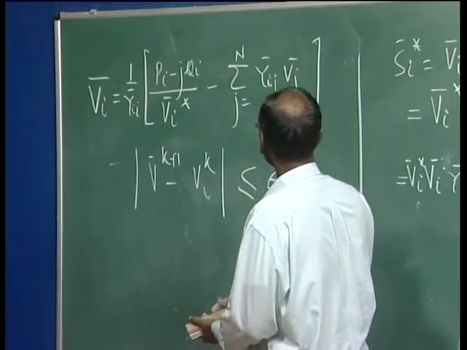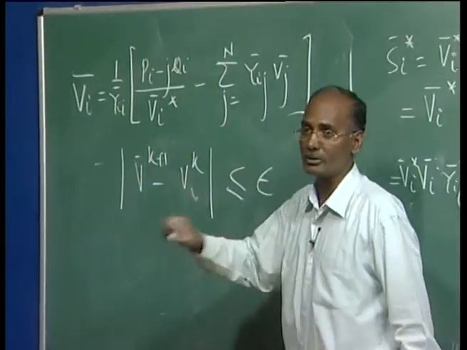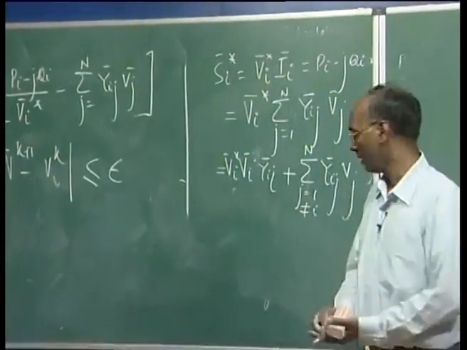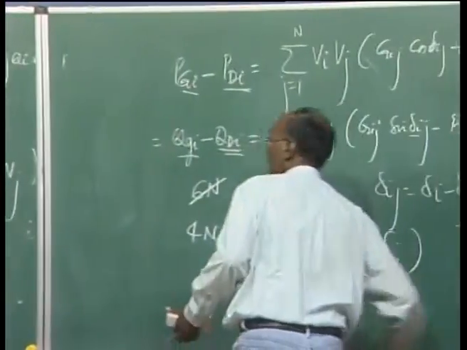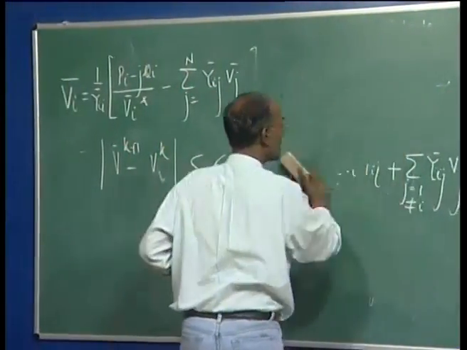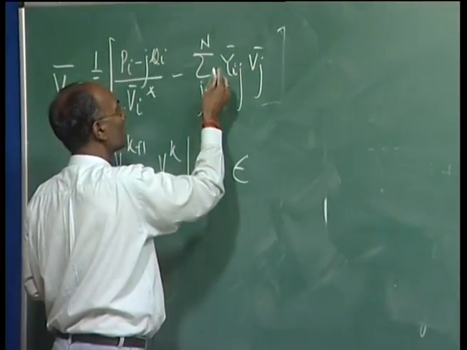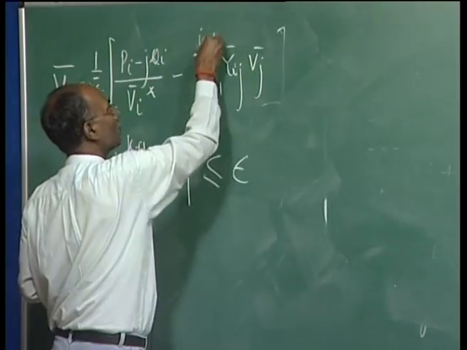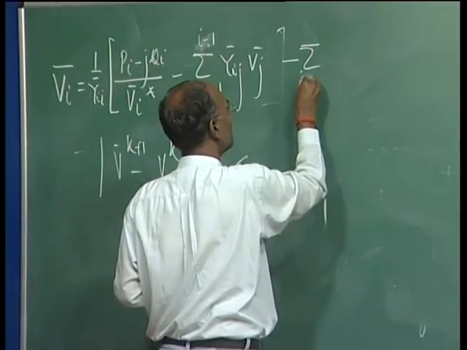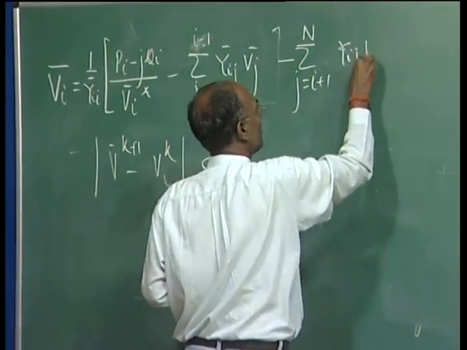In Gauss-Seidel, in each iteration we already have some of the values calculated in the same iteration, and if you utilize those, then it is called the Gauss-Seidel method. So we normally expand this with the known values from the same iteration and unknown ones from the previous iteration. Here j is equal to 1 to i minus 1, minus the summation j is equal to i plus 1 to n of Yij Vj.